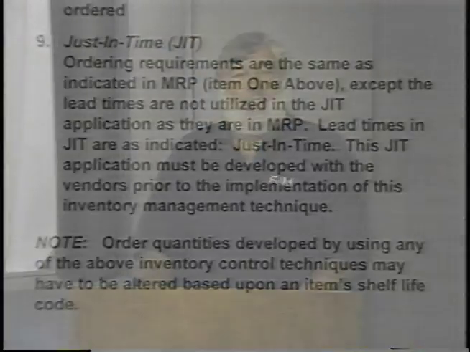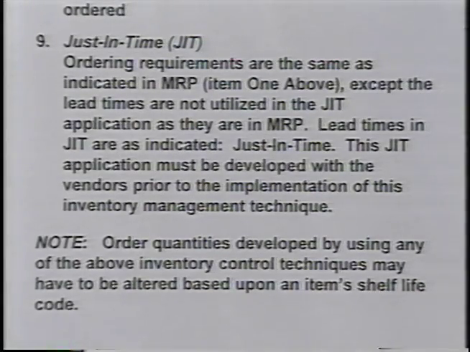Now, we also indicate that any of the above ordering requirements, like we had noted in our maintenance inventory management ordering matrix, we address the shelf life code. And I can't overstate the importance of that shelf life code. After reviewing many CMMS programs, many of them do not even address the shelf life system.